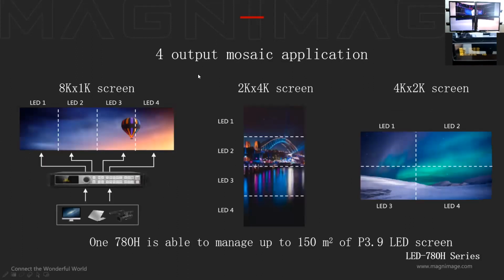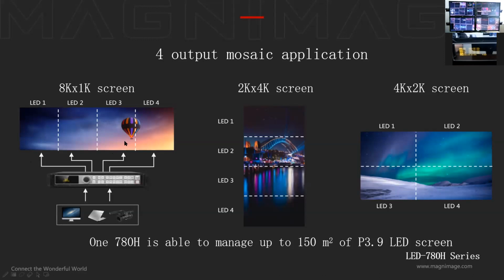So with 4 output mosaic, you can do applications like this: 8K by 1K, 2K by 4K. With these 4 outputs, you can do 8K by 1K work, sending 1 signal stretching to these 4 outputs.